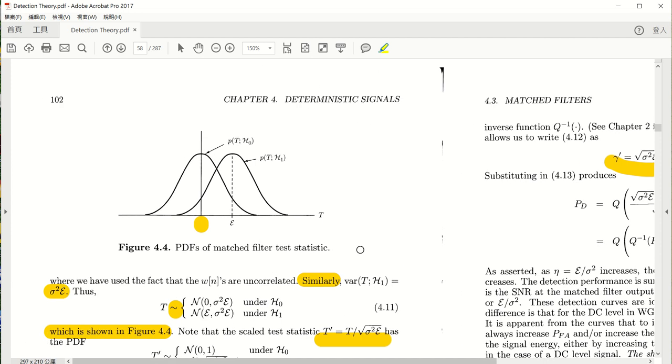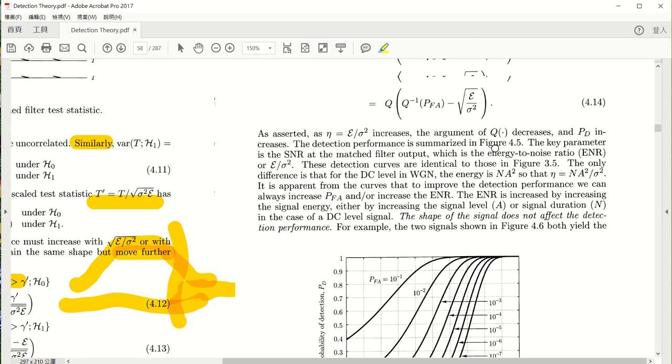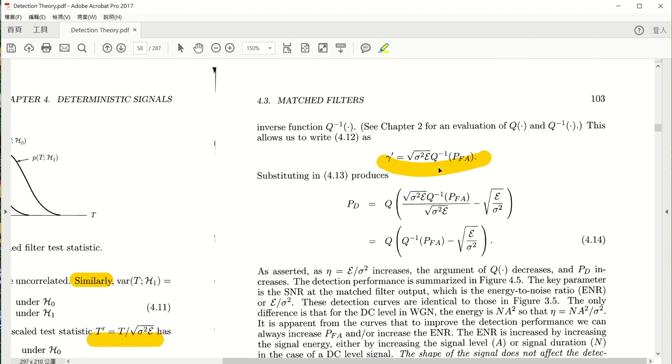You take the inverse function of PFA. Notice that we are trying to set a threshold on PFA. That's Neyman Pearson, right? So the Q inverse function of PFA will give you gamma prime over this, and then you multiply it back. You get something like this.